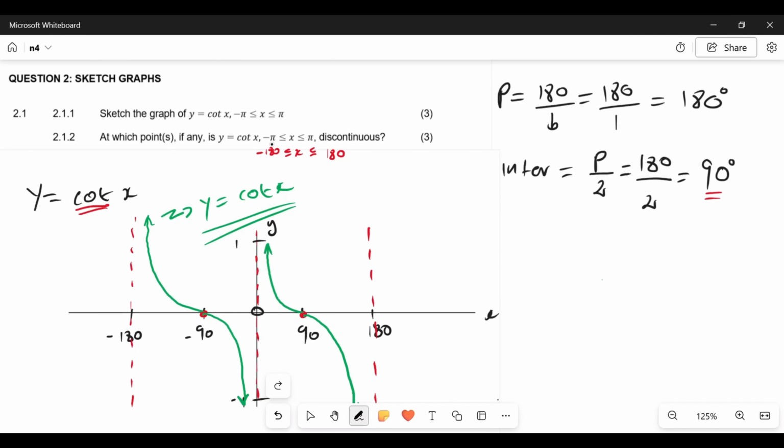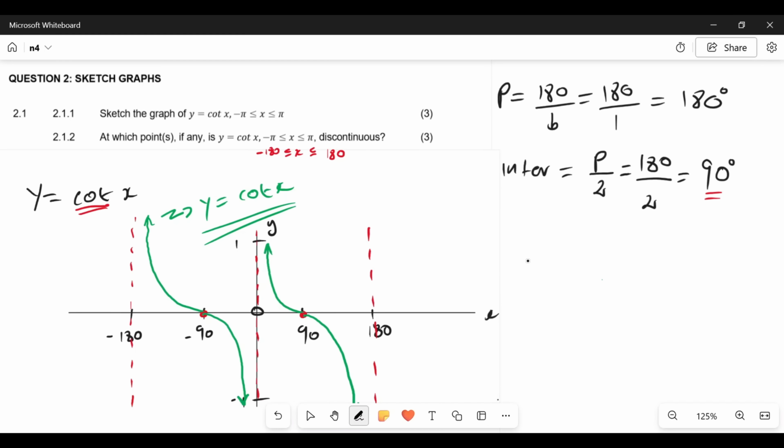And then they give us the restriction: x is greater than or equal to negative pi, and less than or equal to pi. We can also say it in this manner: x is greater than or equal to negative 180, and x is less than or equal to 180. They want to know at which point our function y equals cot x is going to be discontinuous.